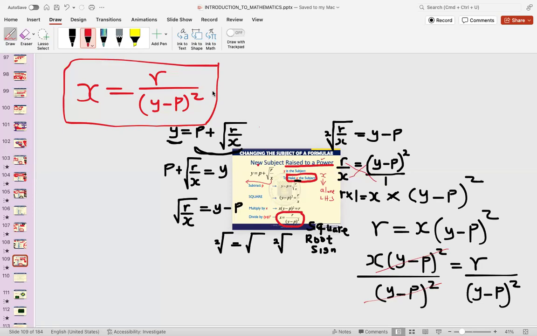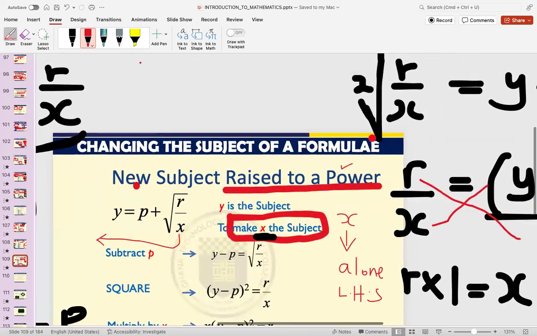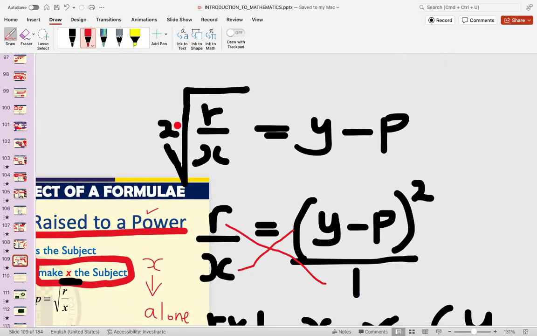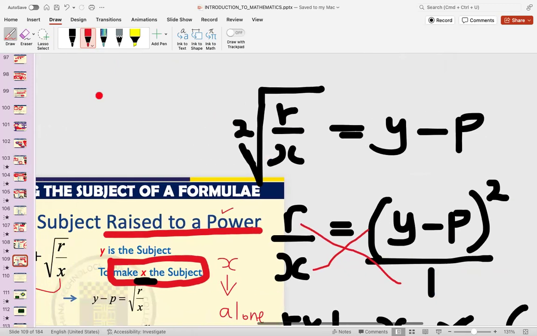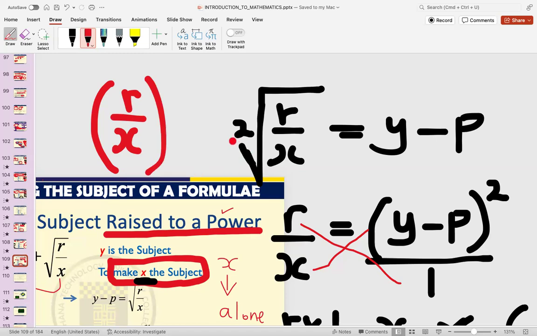No, if you do it that way, you can make a mistake. What you are saying is actually indices. So in indices, this thing you are seeing here, we could have written it as r over x, and then we change this root sign to half. So what happens is that it is this half power that is crossing to the other side.